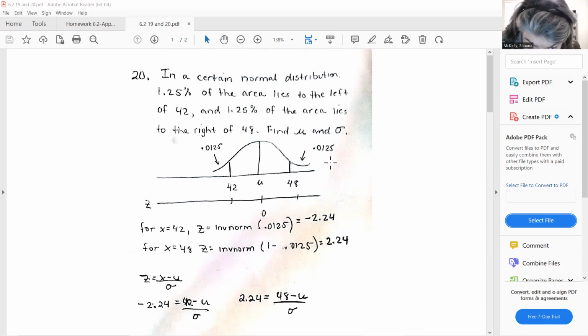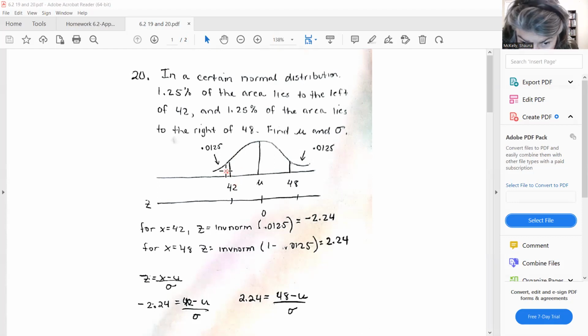So what I'm going to do now should be familiar to you. I'm going to get the z-scores that correspond to each of these x values. So for x equals 42, z equals the inverse norm of the area. Remember, when I use inverse norm, I want the area to the left of whatever my value is.